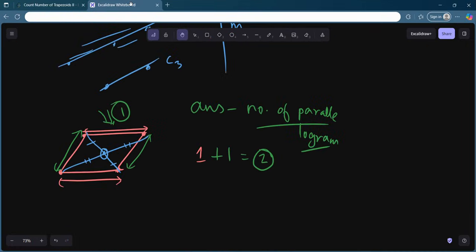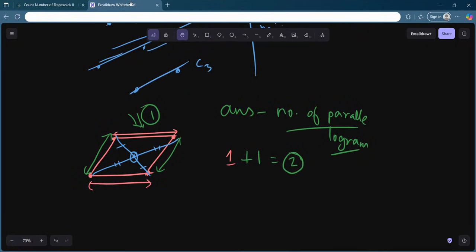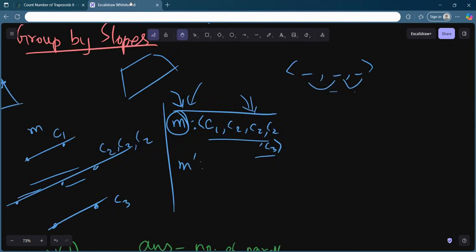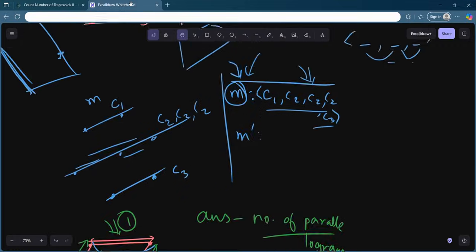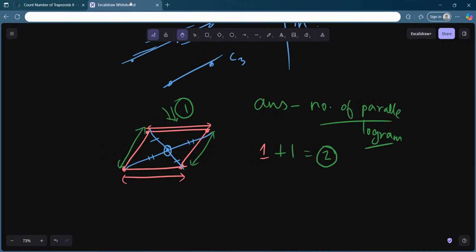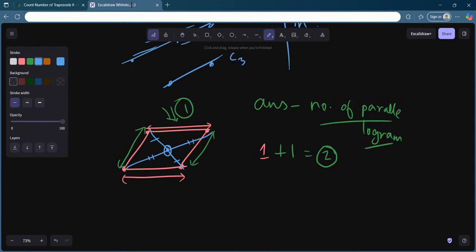So what exactly can I write for a parallelogram? We know this property of a parallelogram. When you are iterating through the points, let's say you are enumerating through these 2 points, you calculate that they have a common midpoint, which is this. When you are enumerating through these 2 points, you are saying that they have the same midpoint.